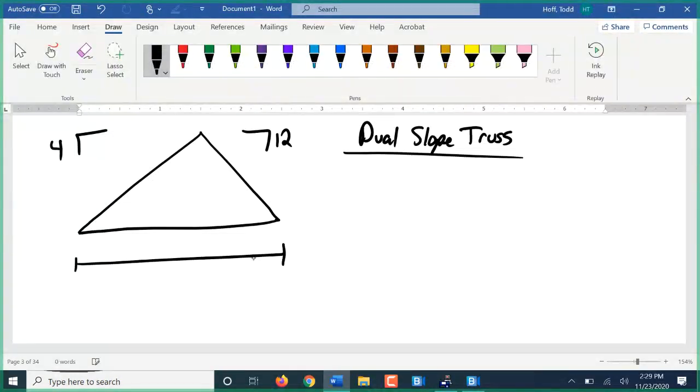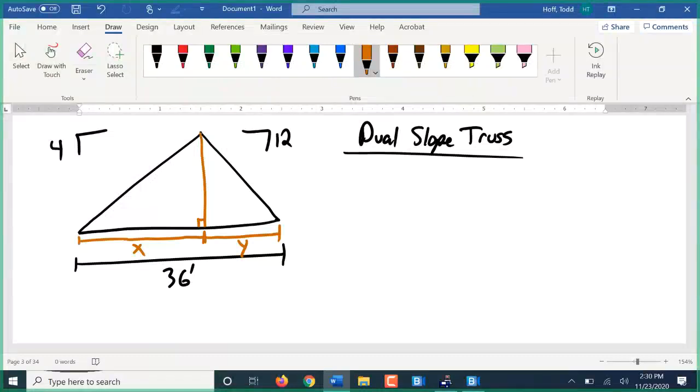And we might be told that the span of this is 36 feet. And we might want to know x, which is the run of the 4/12 slope, and y, which is the run of the 12/12 slope.